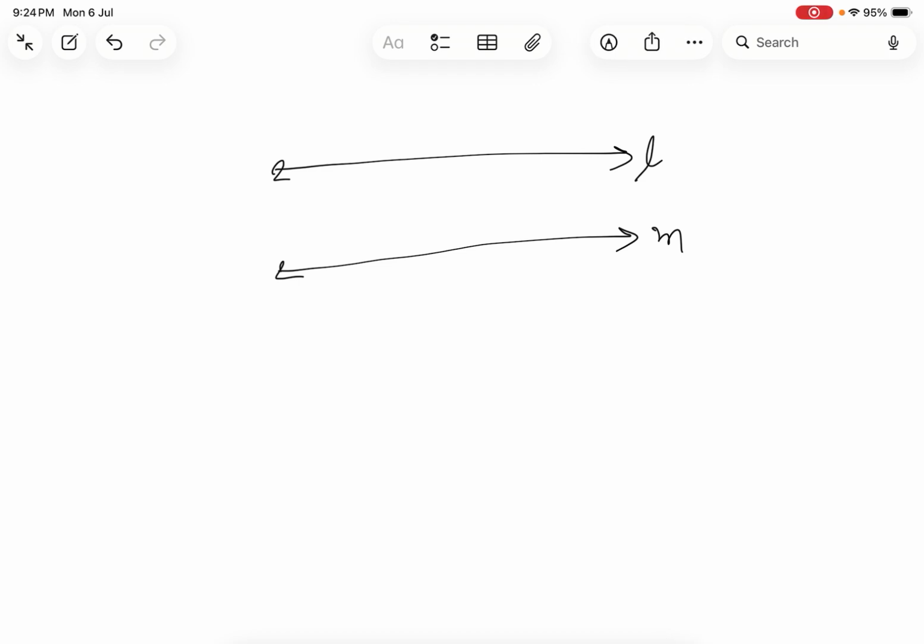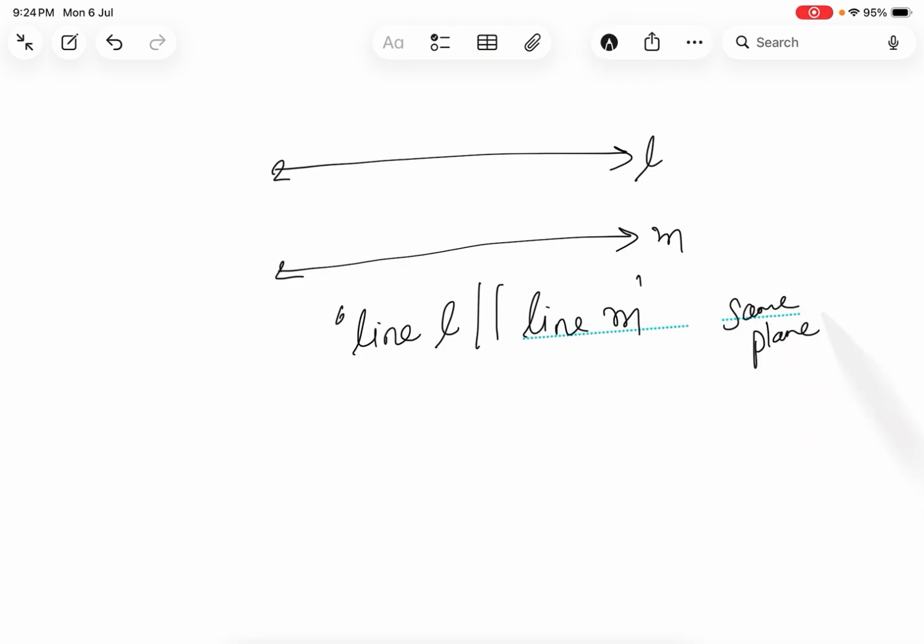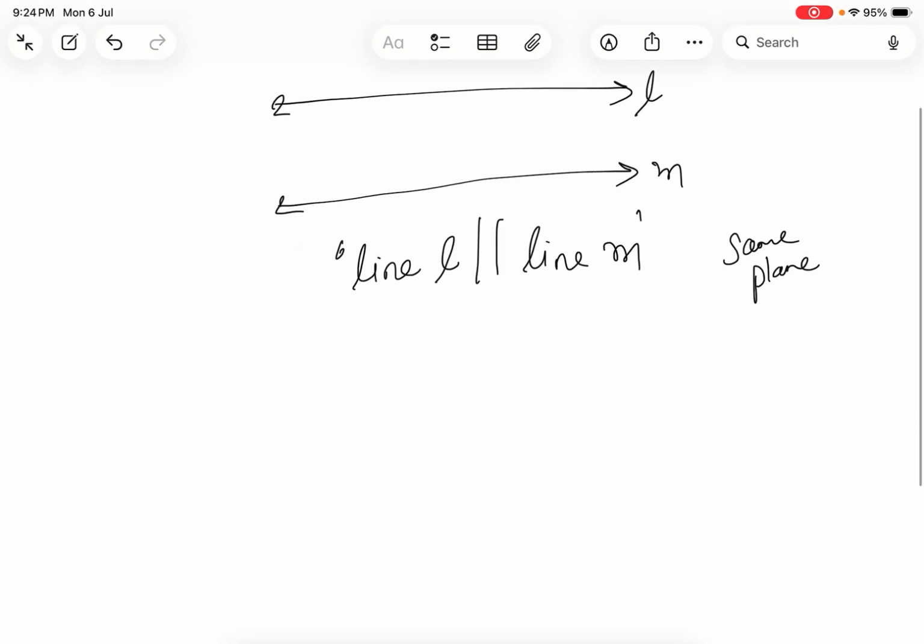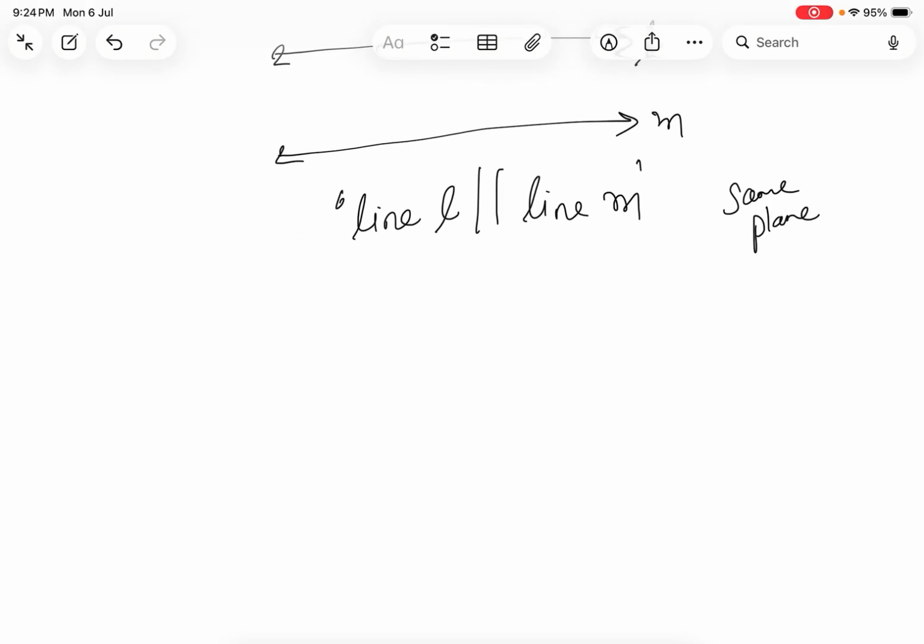Such lines can be called parallel lines, and this can be represented as line L parallel to line M. Also, it is important to note that these two lines are on the same plane. So lines on the same plane that do not intersect each other are known as parallel lines.